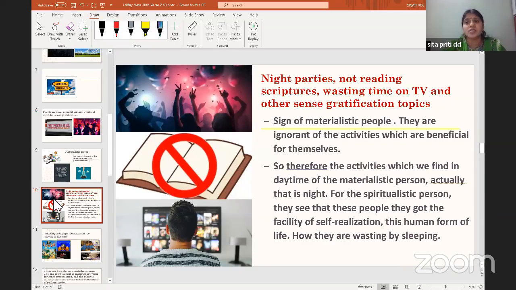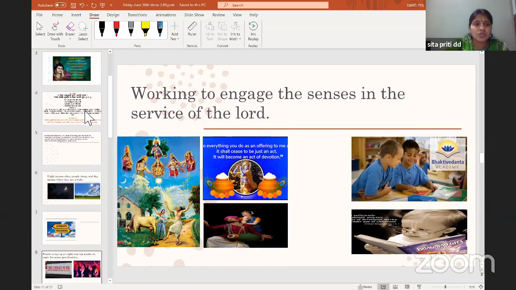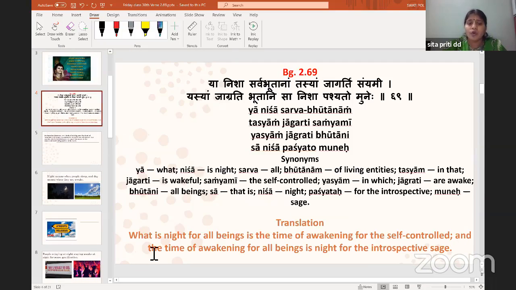That is the reason it is said that they are in the night time, and a devotee or a good person will always be in the daytime. Okay, we will go back to the verse to help you understand. What is night for all beings is the time of awakening for the self-controlled, and the time of awakening for all beings is night for the introspective sage.